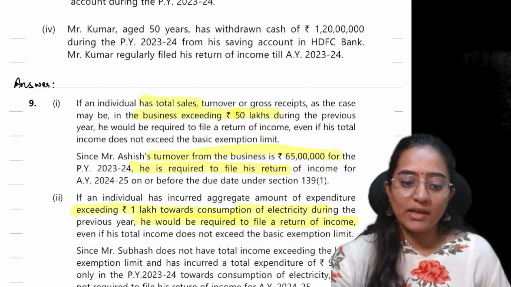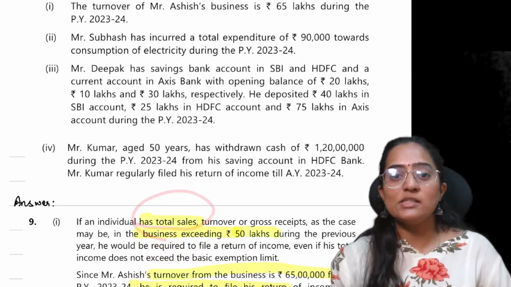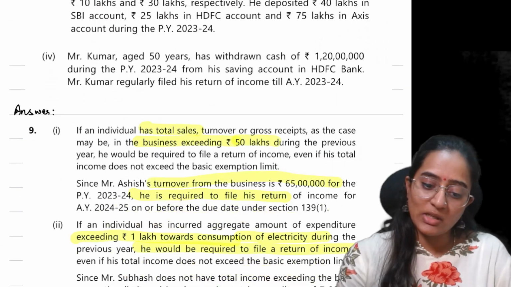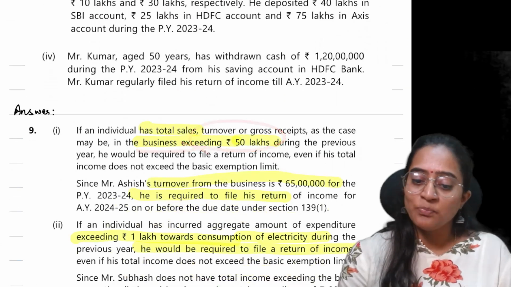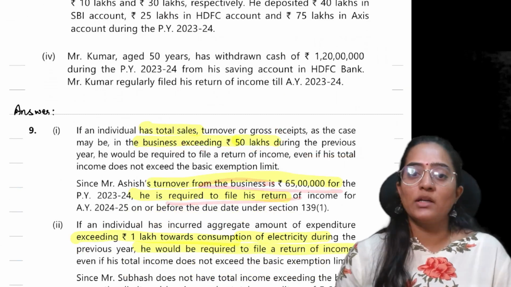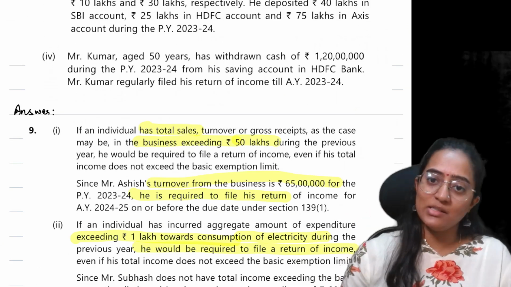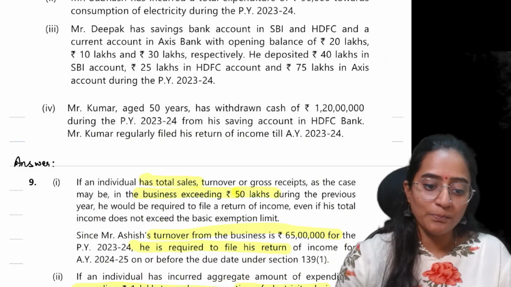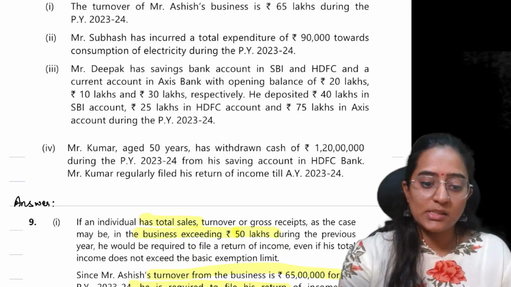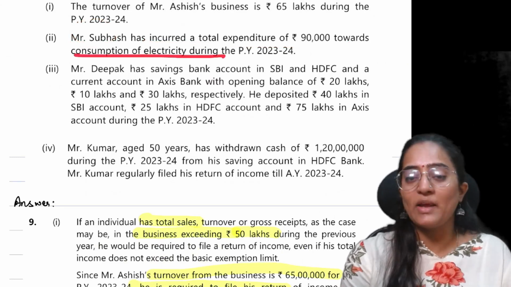So in this case, whenever the business turnover, total sales, exceeds 50 lakh rupees in case of business, that person needs to mandatorily file the return of income, no matter his income. If his turnover exceeds 50 lakh, then he has to file his return of income. Clear? Next, Mr. Subhash has incurred a total expenditure of 90,000 towards the consumption of electricity.